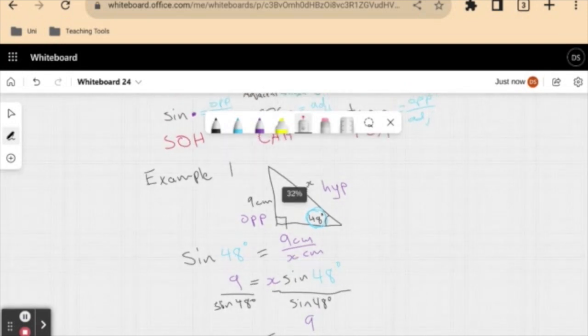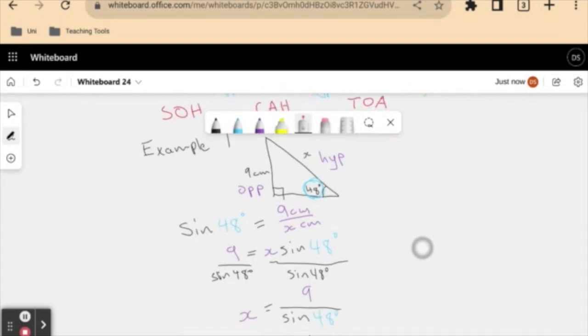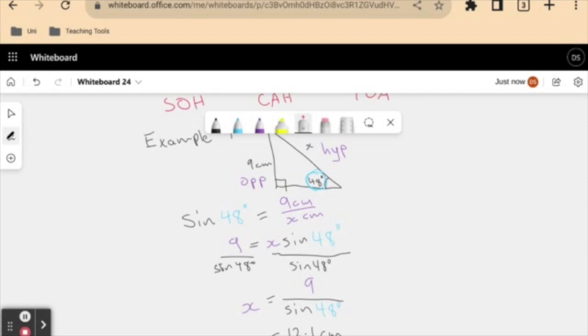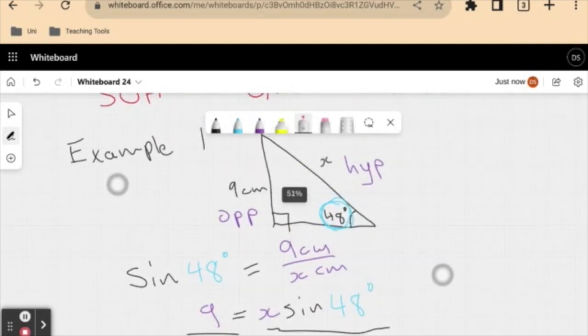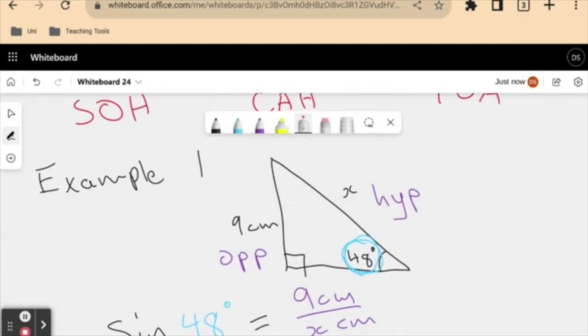But the hardest thing sometimes is just taking our time and explicitly identifying the elements of our triangle, the ones we're given. So here, we identified the angle and said, well, what sides are we given in relation to that angle?